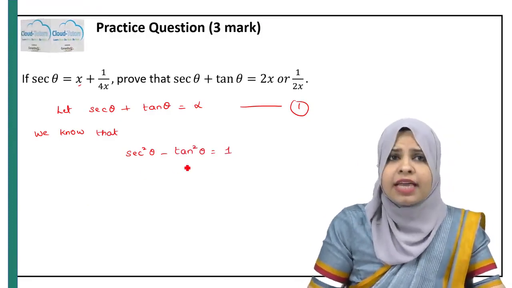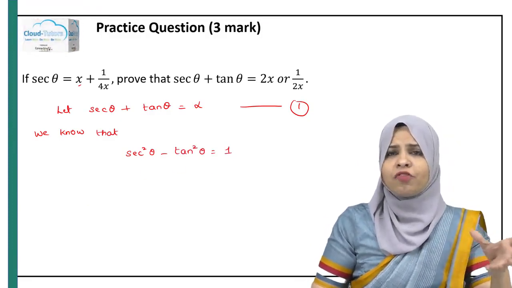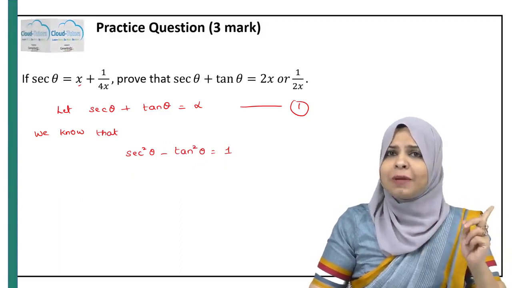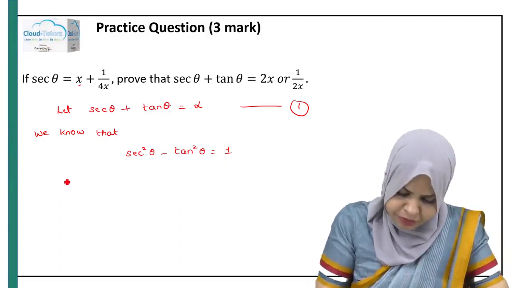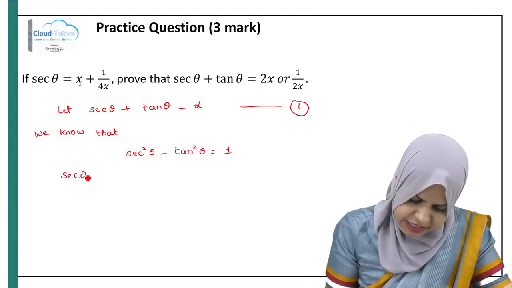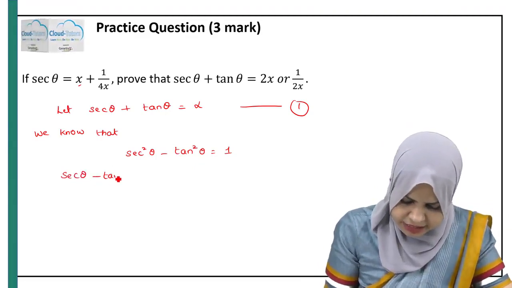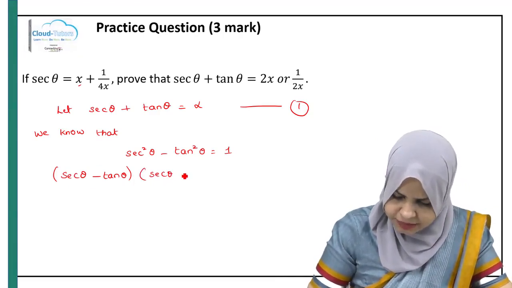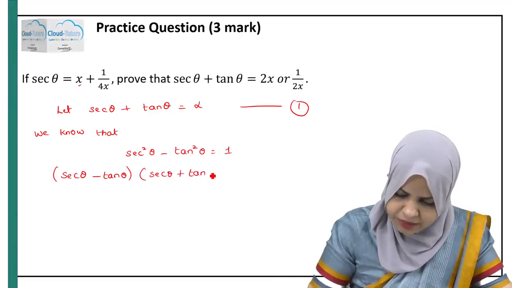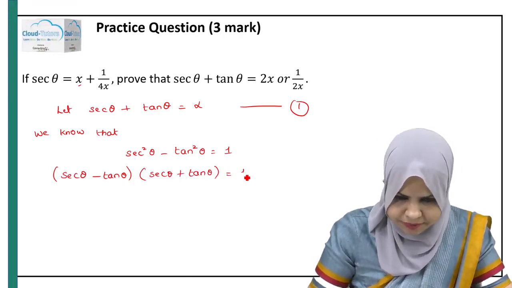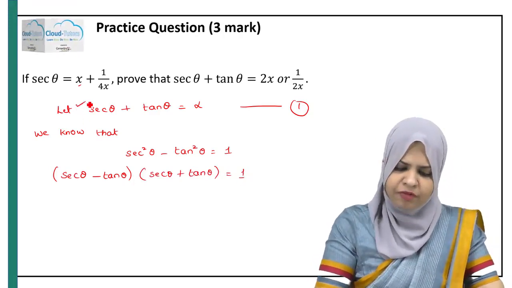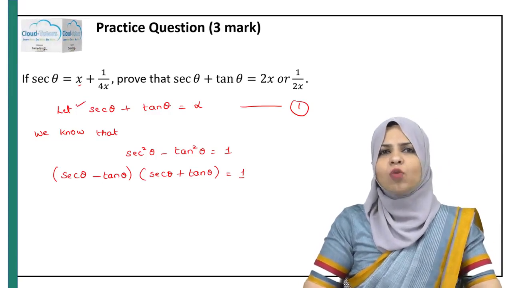Now, this can also be written. This is in what form? A square minus B square. So, A square minus B square is A plus B into A minus B. So, I can rewrite this as secant theta minus tan theta into secant theta plus tan theta equal to 1, right? We know the value of secant theta plus tan theta as what?